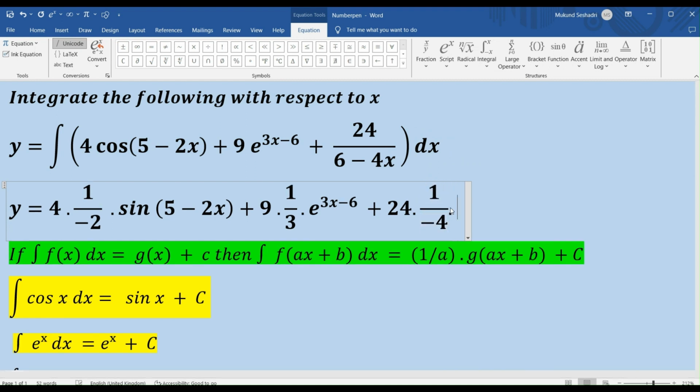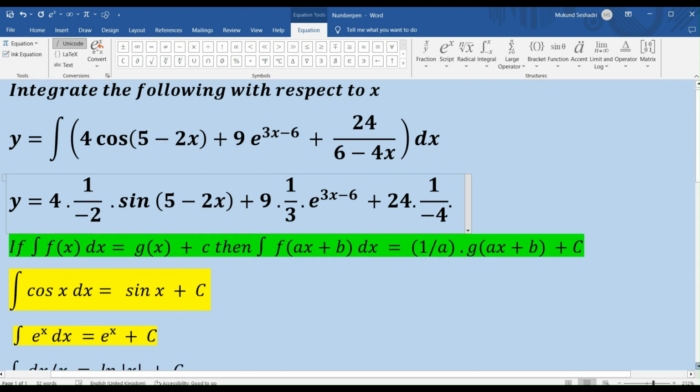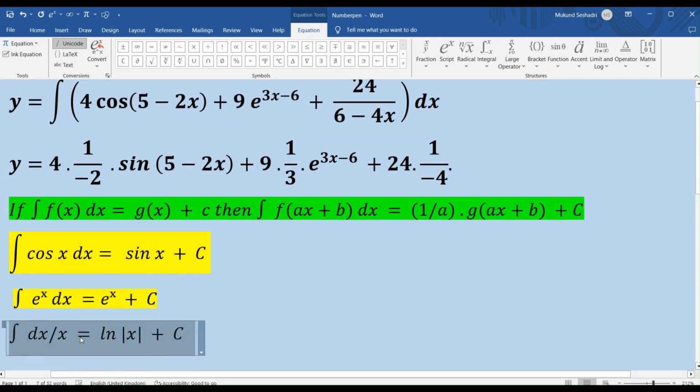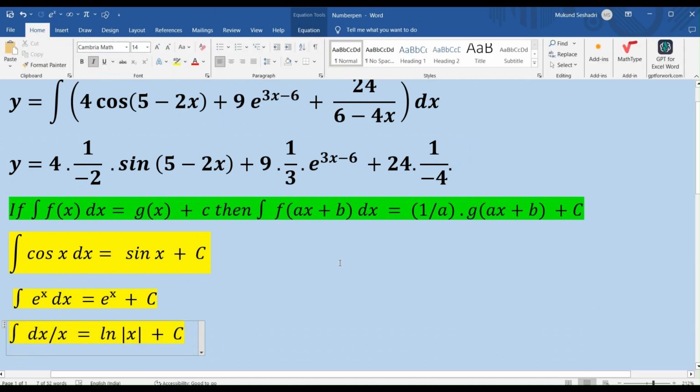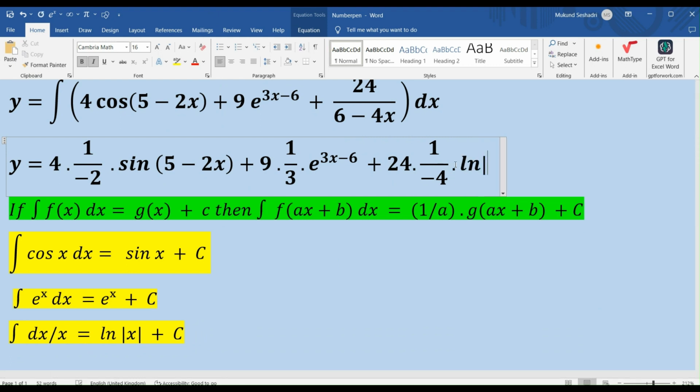Times, I go to the third formula I've written, dx by x equal to ln of mod x plus c. Let me highlight this in yellow. And then all that I need to do is write it as ln of mod of, in place of x I have ax plus b. I write it as it is. And for all the three antiderivatives that we worked out, I will write a single constant, right? So now we have this.